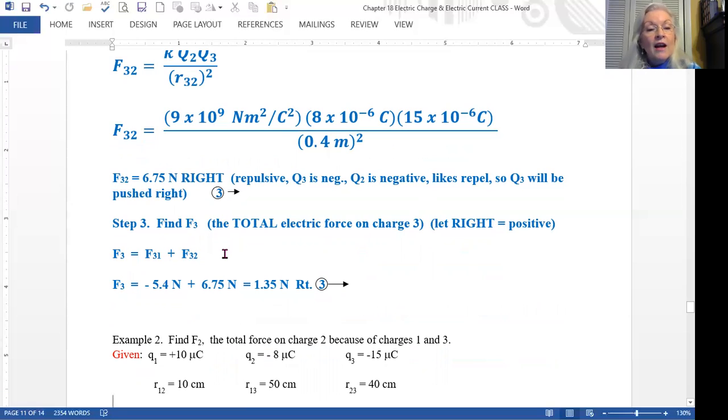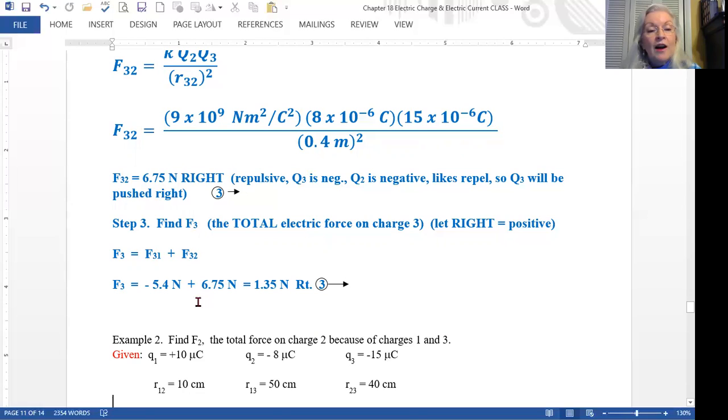So we know that F3 is F31 plus F32. Well, F31 was 5.4 newtons, but it went left. So I have to write it down as a negative number. That's why there's a minus sign there. F32 goes to the right, so it's a positive.